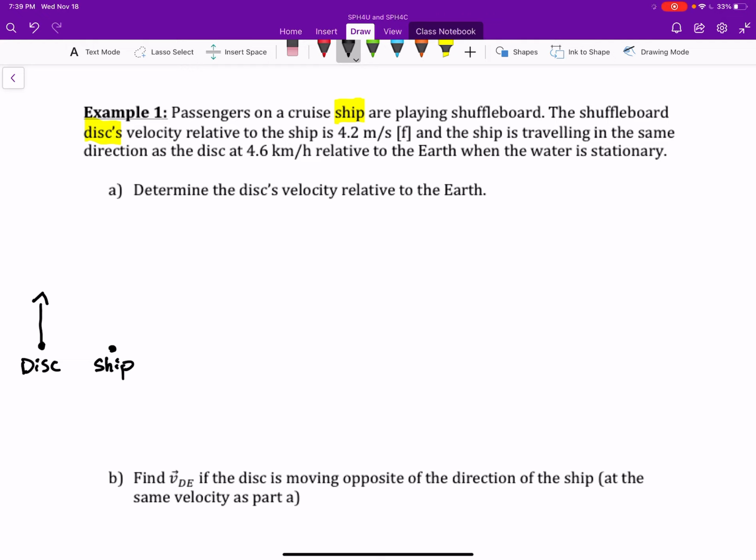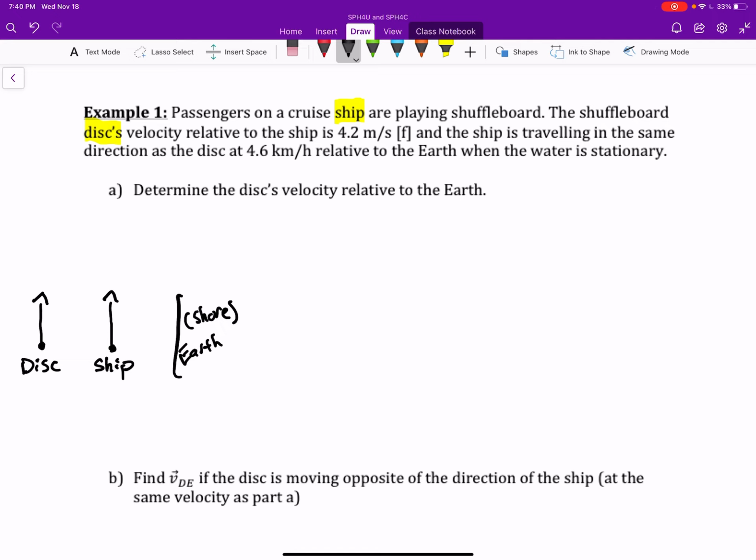So the ship we can also describe as moving forward, but the ship is relative to the Earth. We can imagine that the Earth is maybe the shoreline off to the side. We can also just call this the shore, since a ship is on water. So when we say relative to the Earth, we're relative to a point on the shore.